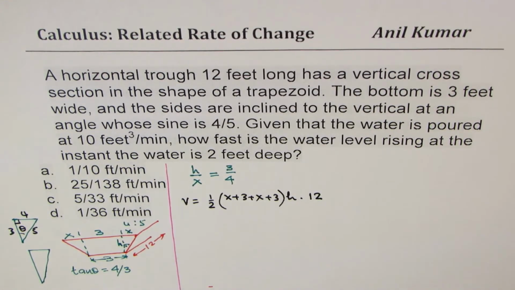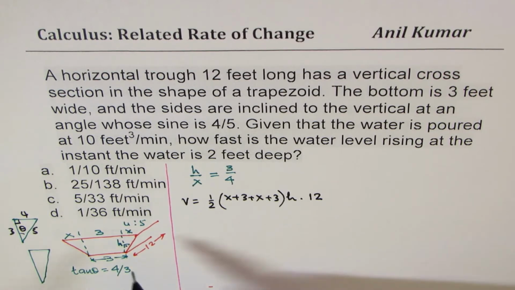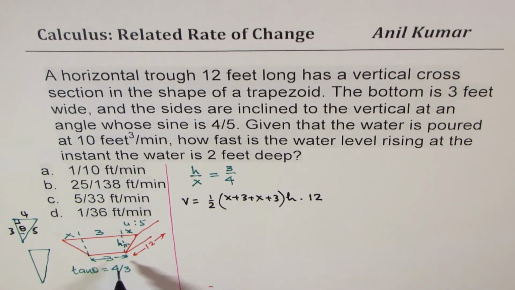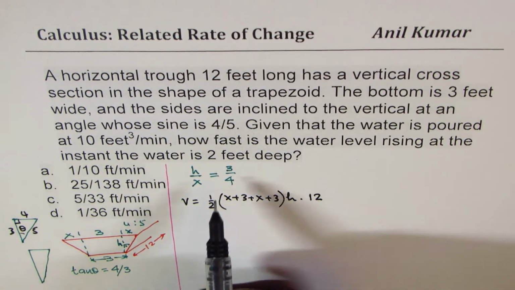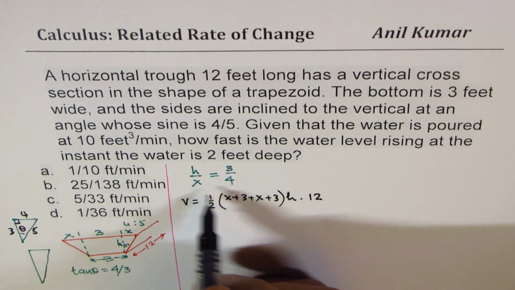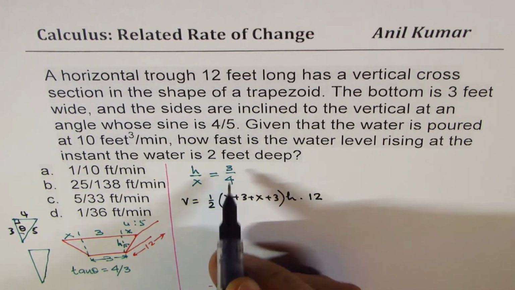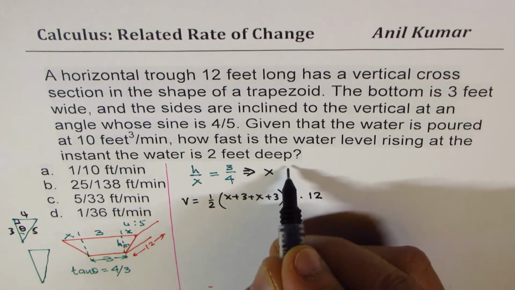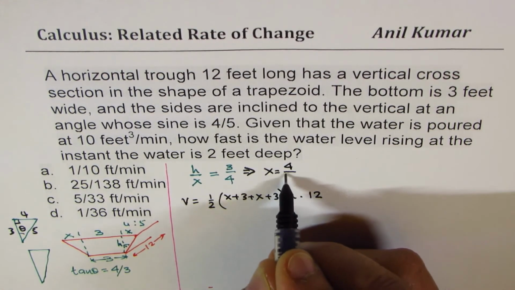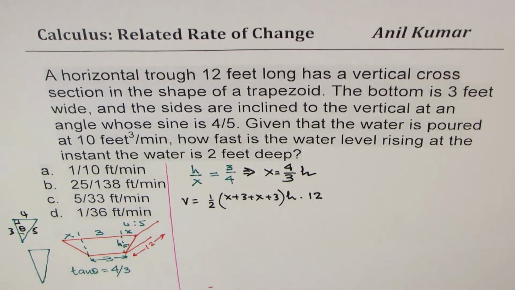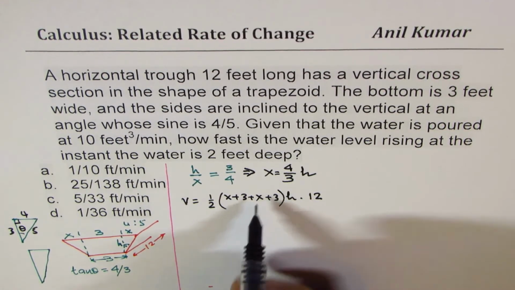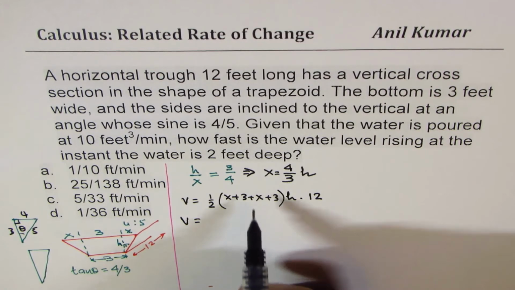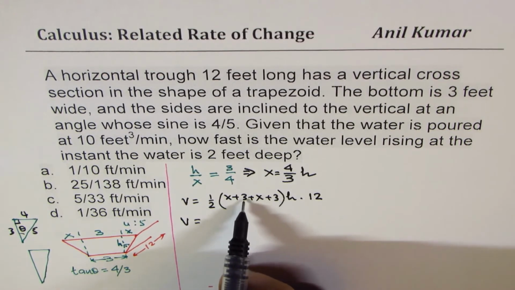So that becomes the volume of this particular trapezoid. Now we also know from here that x can be written in terms of height. So this gives you x as equal to 4/3 times height, right?